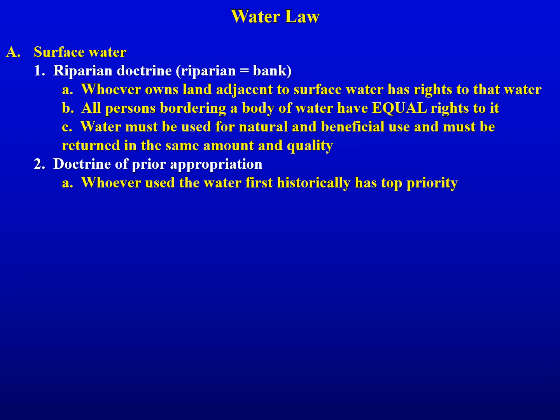So who were the first people that came out and used water then? Frontiers, and in general, what were most of the early travelers to the West looking to do? Two things. Mining was the big one.